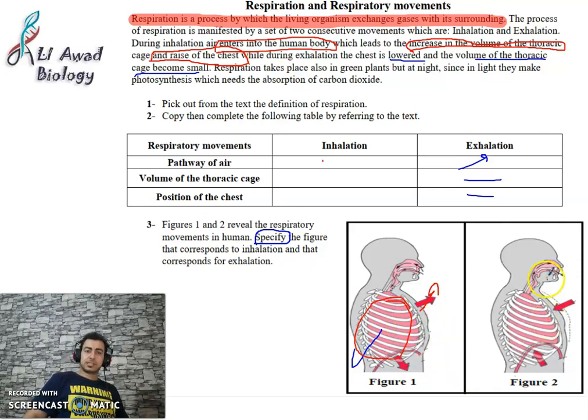While in figure 2 it's exhalation. طبعا air enters هي مبين واضح. In this figure 2 since air goes outside لأنه عم بيطلع لبرا and the thoracic cage volume decreased and the chest is lowered. Okay, thus figure 2 corresponds to exhalation.